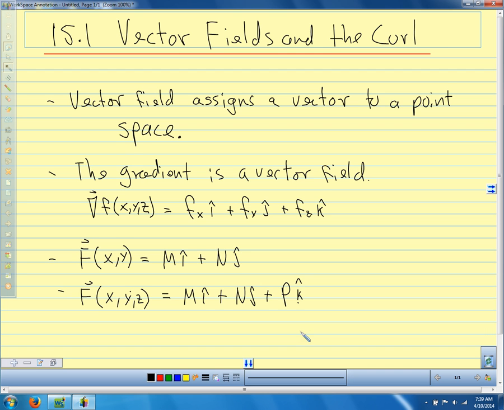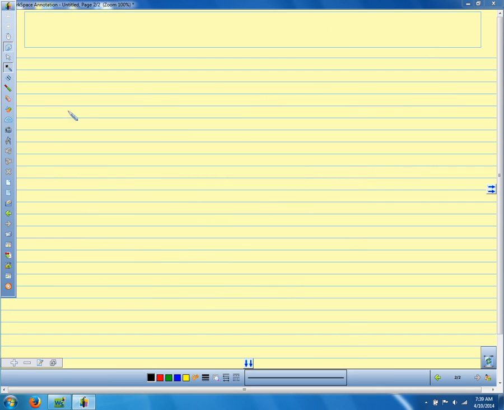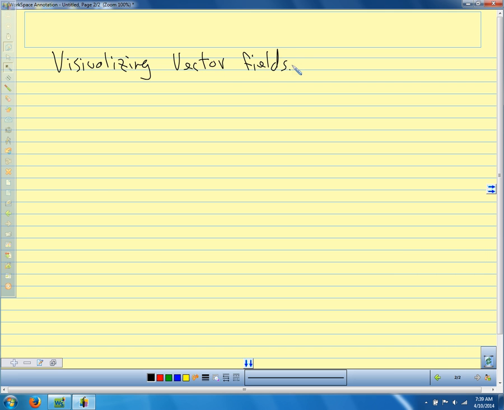The first thing we want to do, given a vector field, some description of a vector field, is to be able to visualize it a little bit. So one tool that will help us visualize a vector field, I'm going to say it's not always necessary to visualize a vector field, but sometimes it's nice to have an idea of how these vectors are behaving.